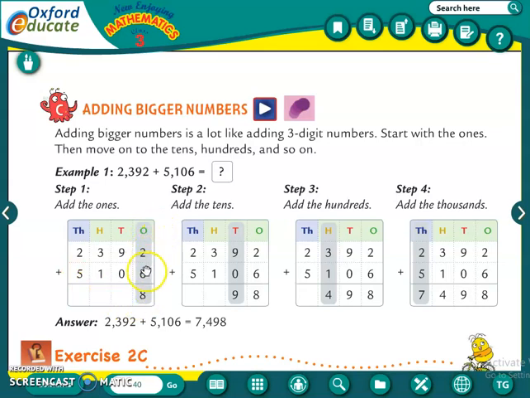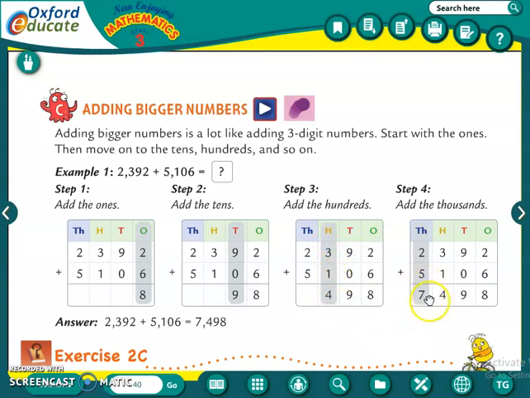So 2 plus 6 is equal to 8. That is the ones place answer. Now secondly we will do the tens. At the tens place, 9 plus 0 is equal to 9. Now we will add the hundreds number. 3 plus 1, 4.